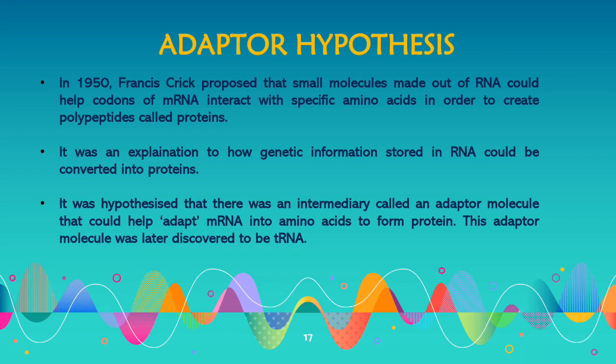It was an explanation to how genetic information stored in RNA could be converted into proteins. That is, it was an explanation to our central dogma. To put it simply, it was hypothesized that there was an intermediary called an adapter molecule that could help adapt the mRNA into amino acids to form proteins. This adapter molecule was later discovered to be tRNA.